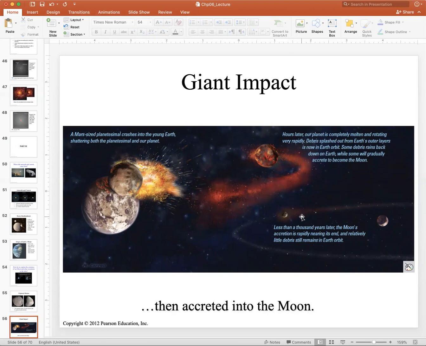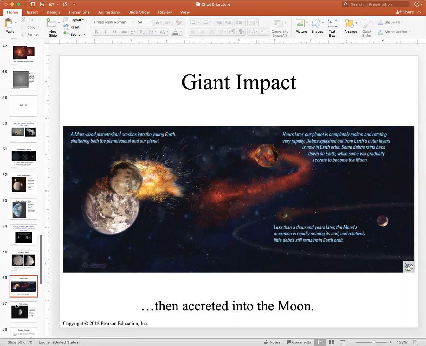Some of it rained back to the surface of Earth, but some of it remained out there, and eventually accreted to form the moon. I'll upload a video for you later, so you can see what I'm talking about. This is the best theory that we have so far that explains why we have such a large moon.